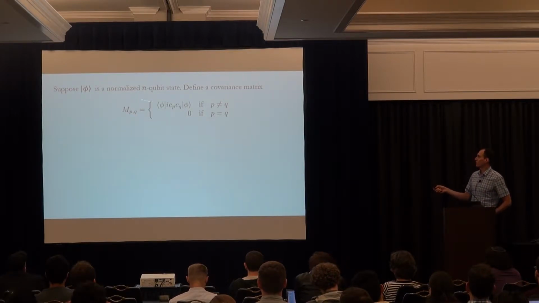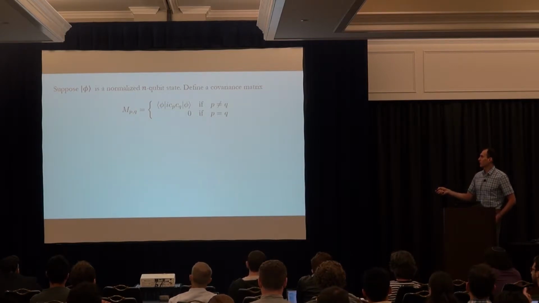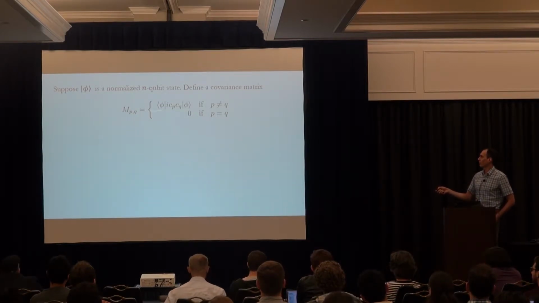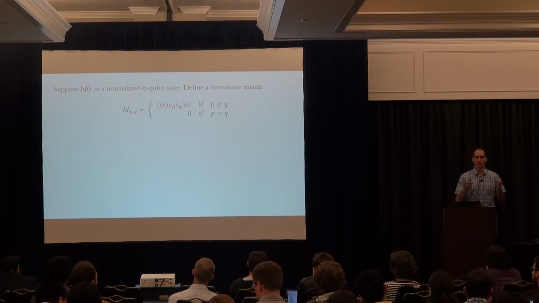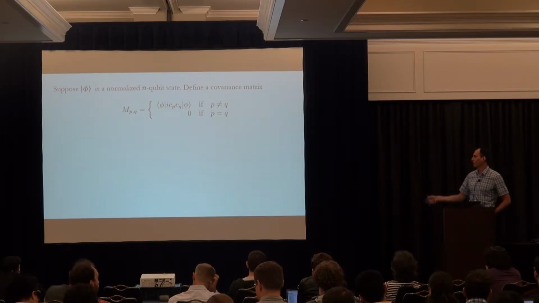Now, suppose we have some n-qubit normalized state phi. Then we can define this covariance matrix M that basically tells us the expectation values of two-mode Majorana operators.